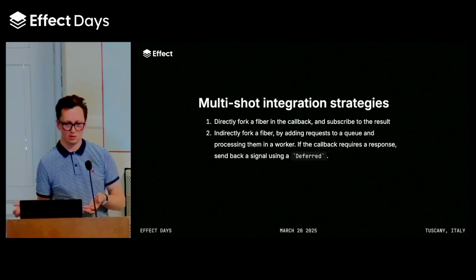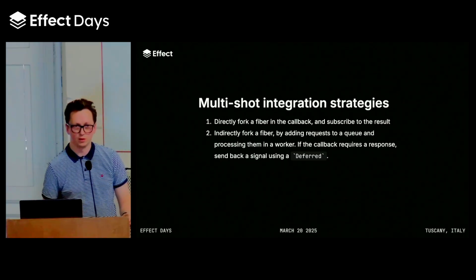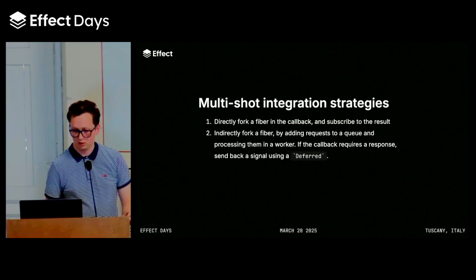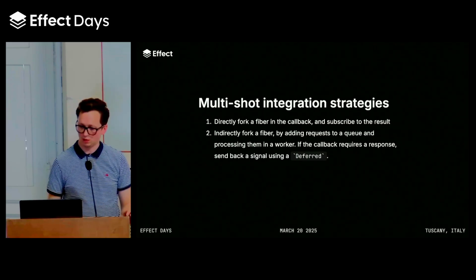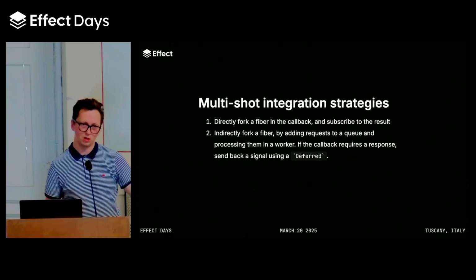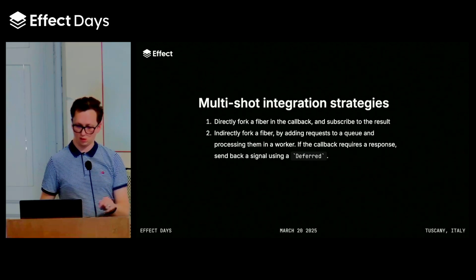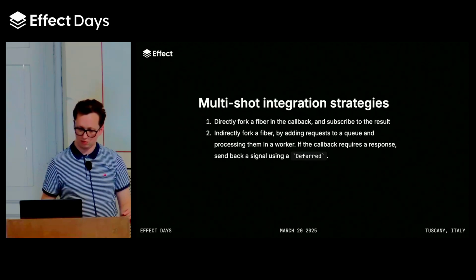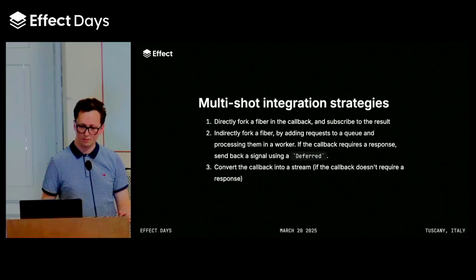And if you need to send something back, we have a module in Effect called a Deferred. And that allows you to, it's kind of like a promise in some ways, but the Deferred allows you to send back signals to another location in your app. I'm not actually going to cover this strategy, so I probably won't go into any more detail than that right now.